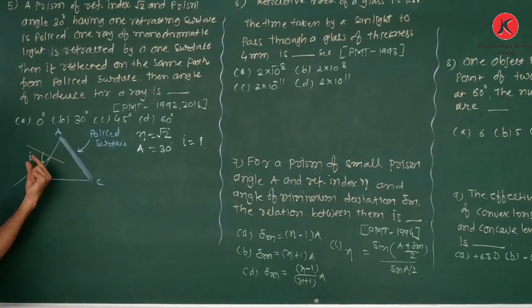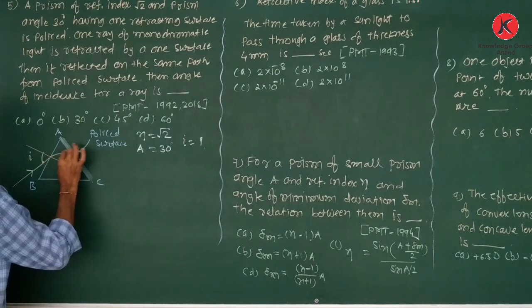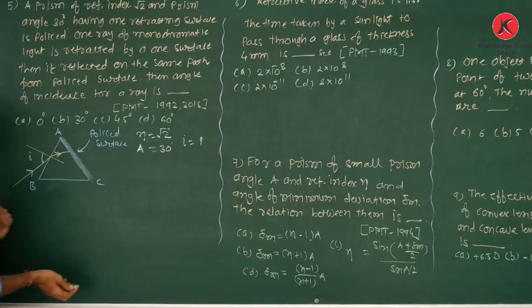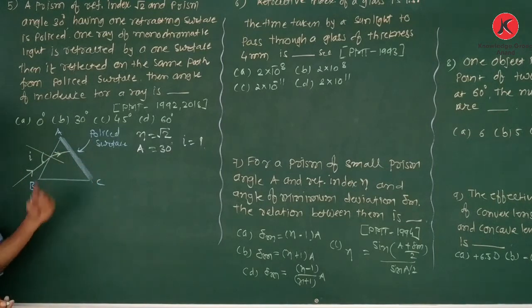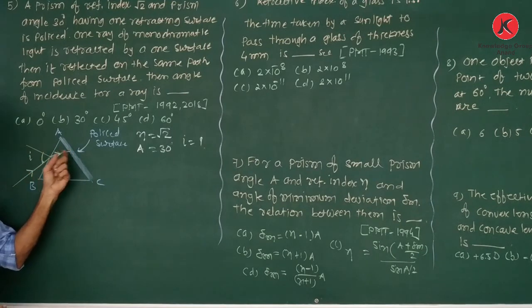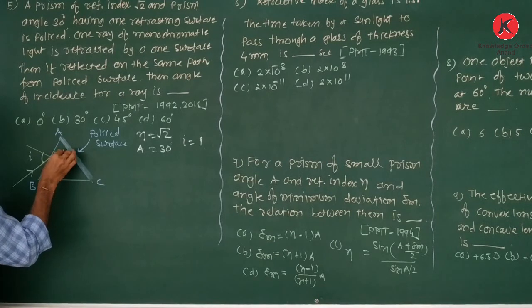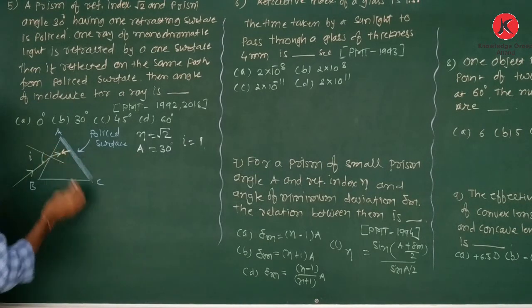The ray of light is incident on one surface, then it is refracted. This ray is incident on the polished surface, and after incidence on the polished surface, it is reflected back on the same path.